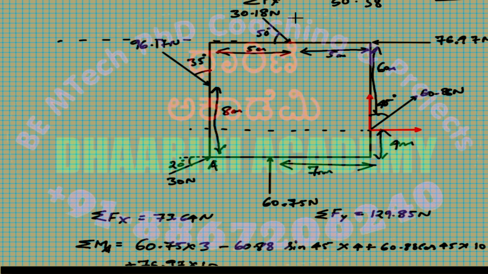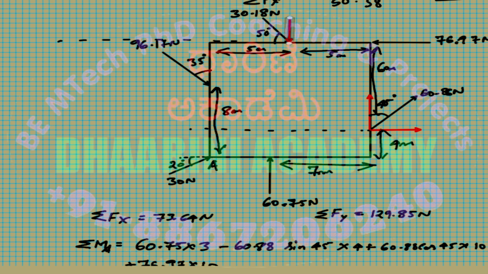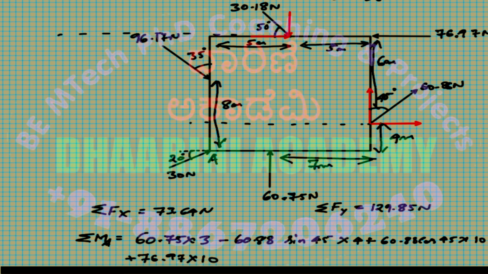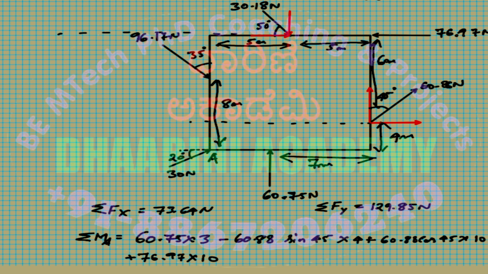The vertical component of this force acts vertically downwards at this point, and the horizontal component will act horizontally like this. Both the components are not passing through A, so I have to consider them when I calculate the moment.